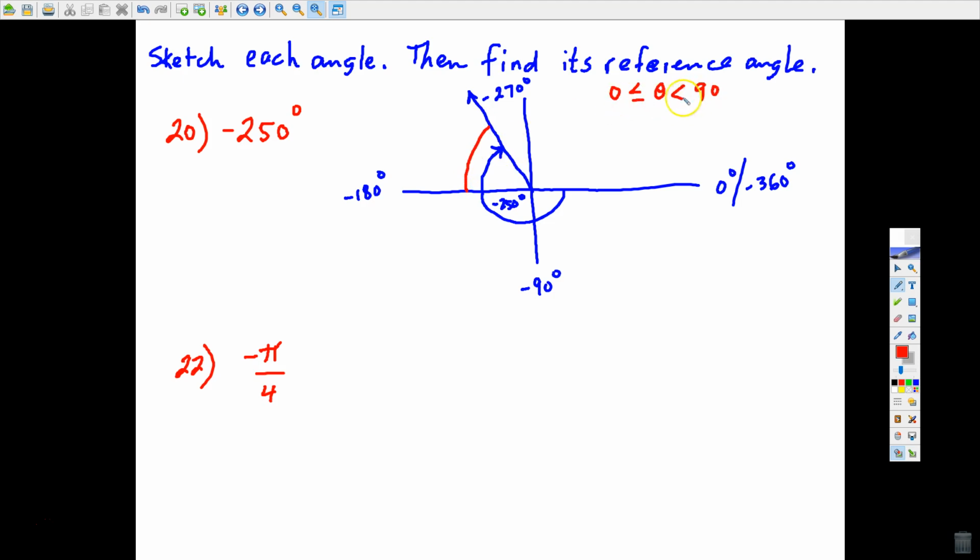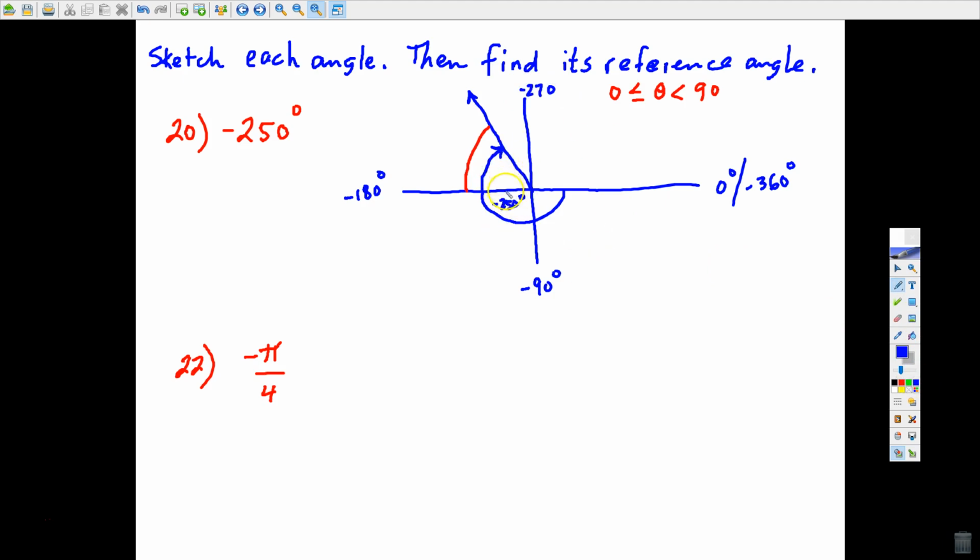That fits this description. And just think, how much did we have to go beyond the -180 to get to -250? That might be a little confusing. This is for the quadrantal angle, so let me move that over. -270.